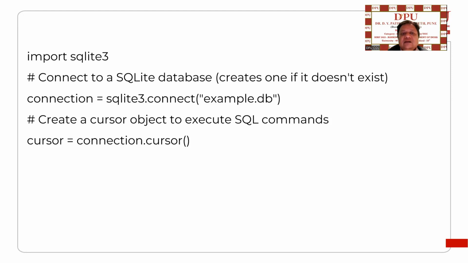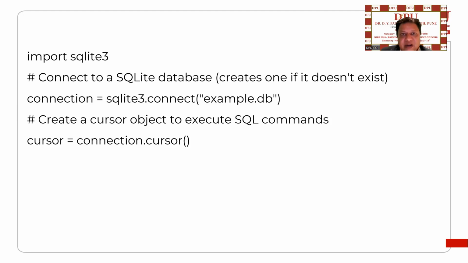If there is no database in my SQLite, this command will create the database with the name example.db, and after that this command will let you connect to the example.db database.